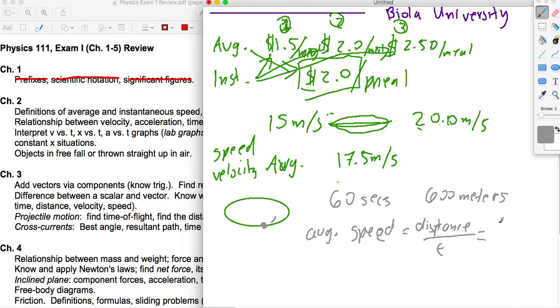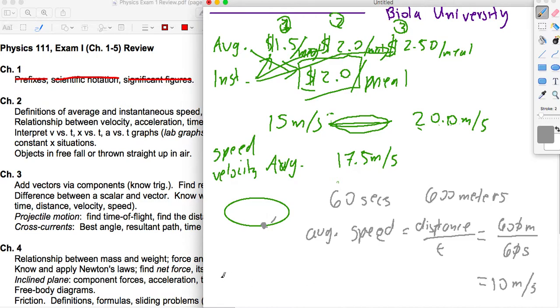Then what's our distance here? It's 600 meters, right? What was our time? 60 seconds. So the 0 cancels out, and then 60 divided by 6 gives you, let me put it into my calculator, 10, right? 10 meters per second. All right, so that would be your average speed.